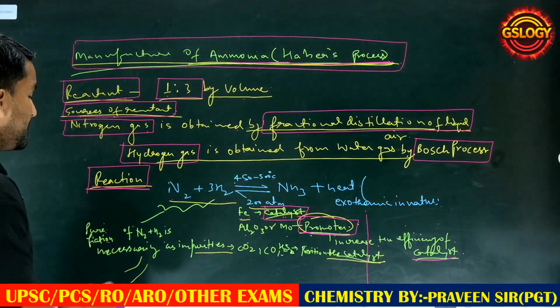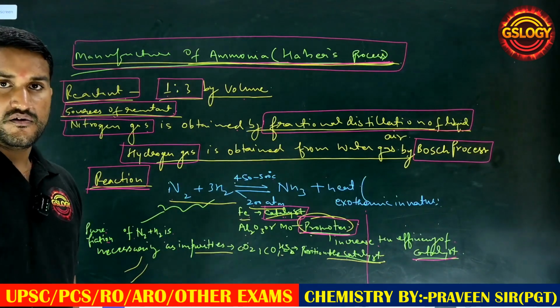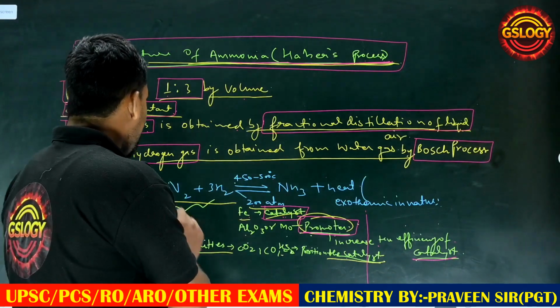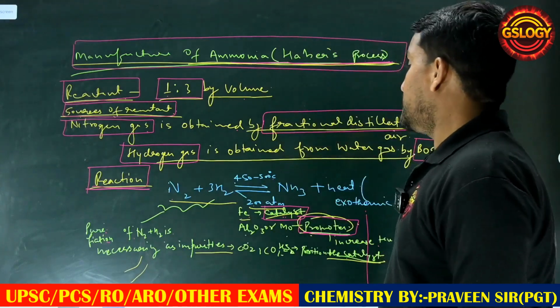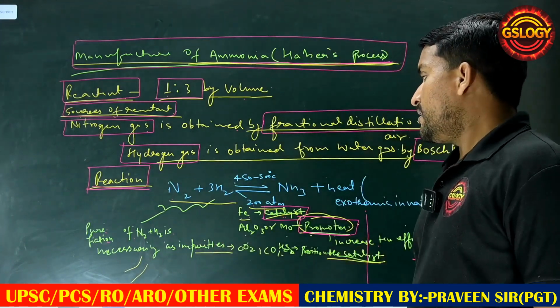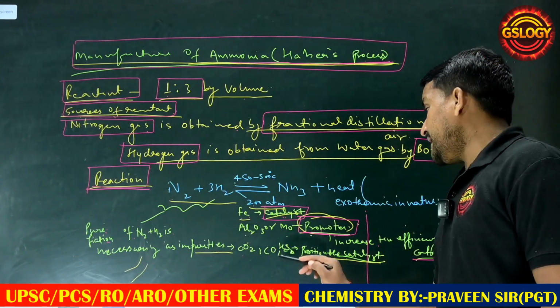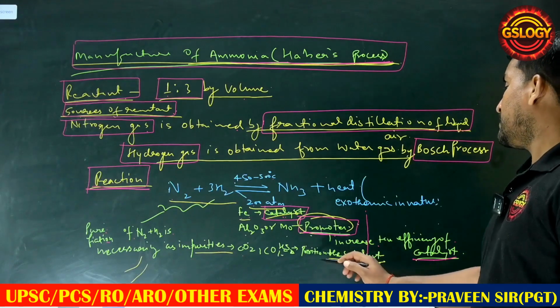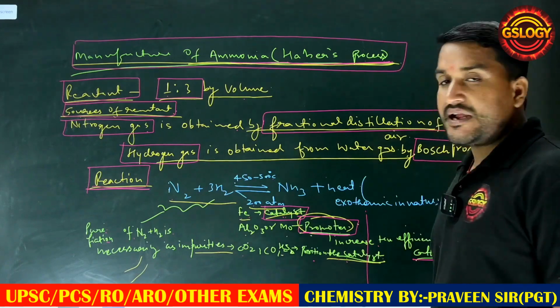purification of the nitrogen and hydrogen is necessary. Clear? Purification of nitrogen and hydrogen is necessary, as impurities like carbon dioxide, CO, H2S poison the catalyst.